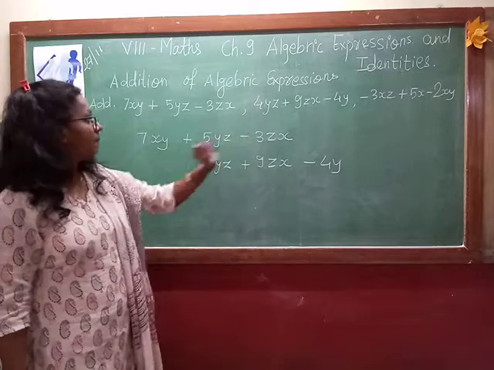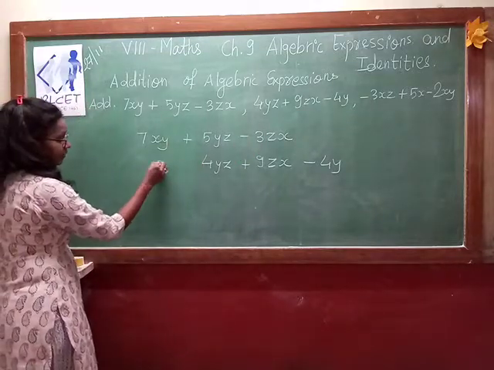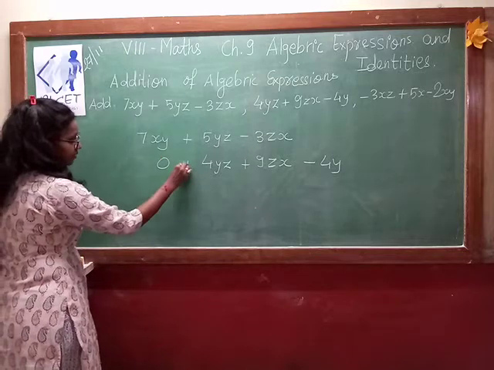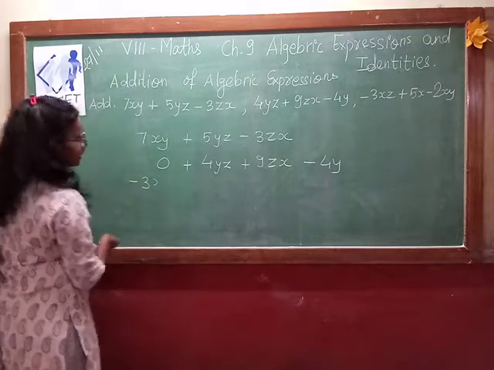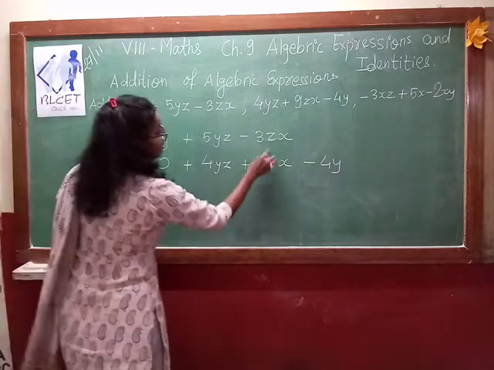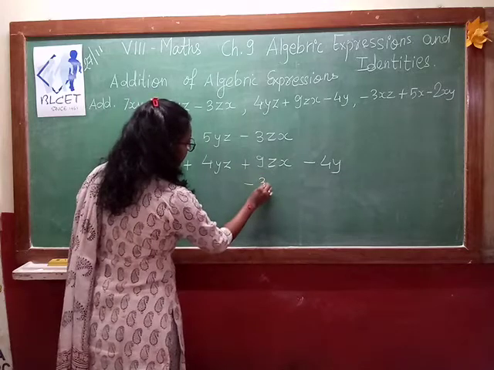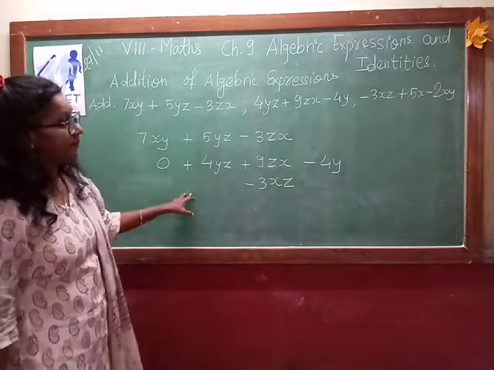Now next is minus 3xz. So here it is xz, so we have to leave this place, write 0 here and write minus 3 under zx. If you write xz or zx, it remains the same.